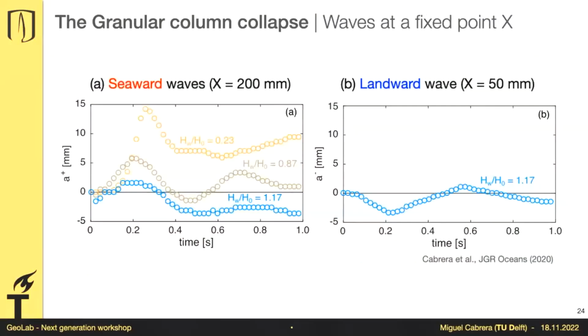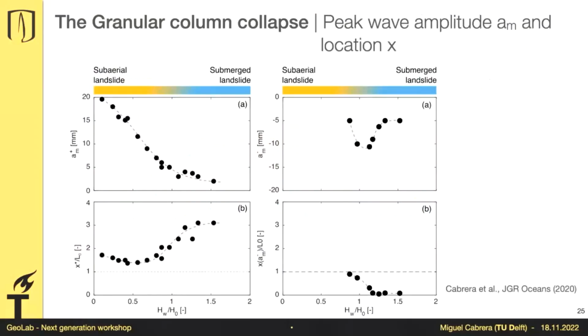So you can have different analyses, like what is the wave amplitude of those seaward waves in time, and you see that it dampens with time. There is one instant when the wave reaches a peak, and then it dissipates. That is very common in solitary waves. And when you have a landward wave, you get something similar. So we started mapping what was the amplitude of those seaward and landward waves as a function of the submergence ratio.